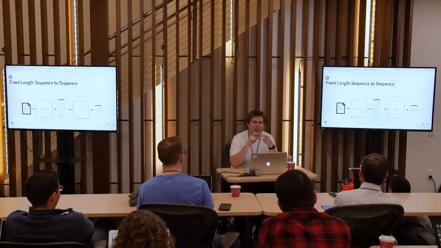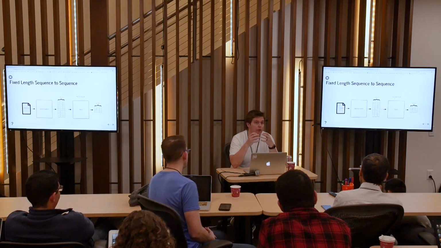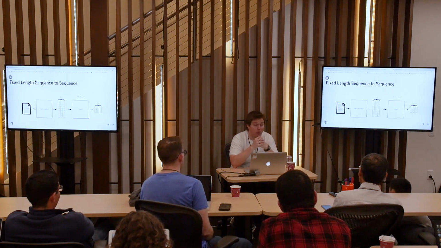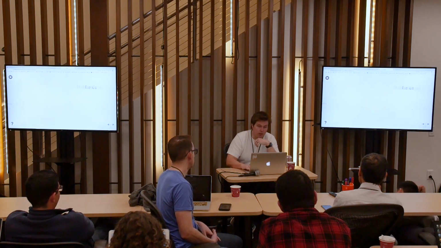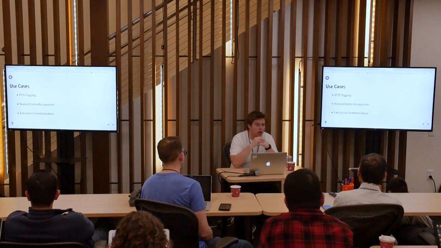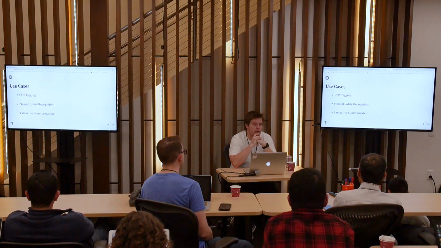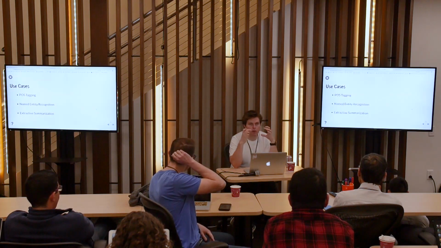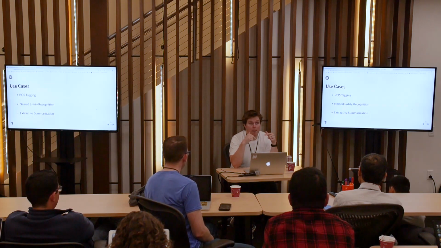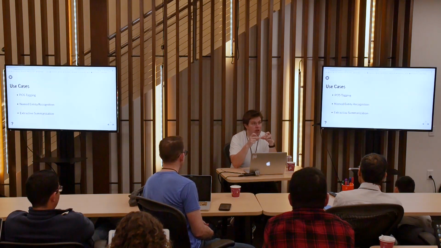But things like named entity recognition, there's a whole bunch of different tasks that you can do here. You could do sentiment analysis of individual words. You could also do extractive summarization. Think of a summarization model where you feed in a paragraph of text, and you want to figure out what words you can chop out to produce a good summary of that text.